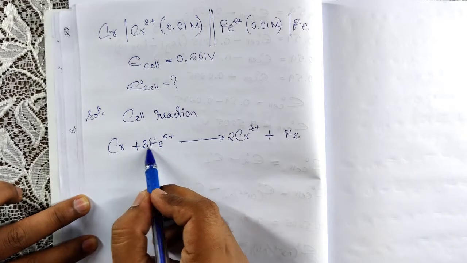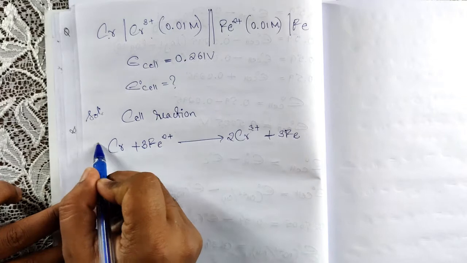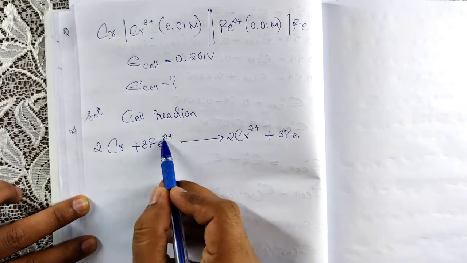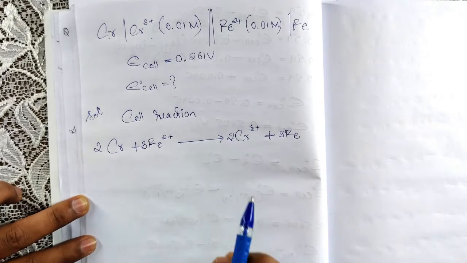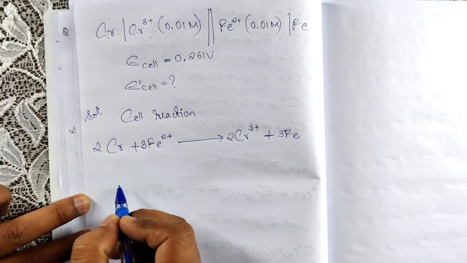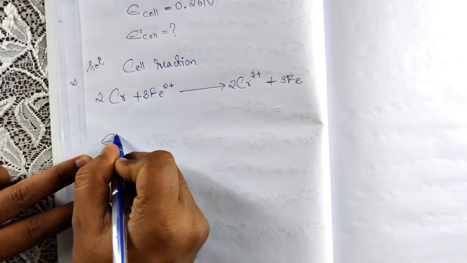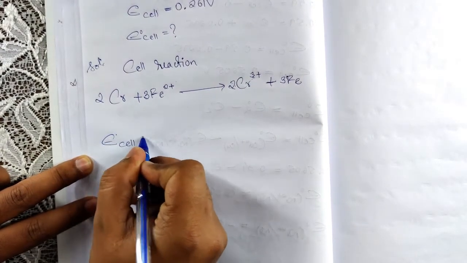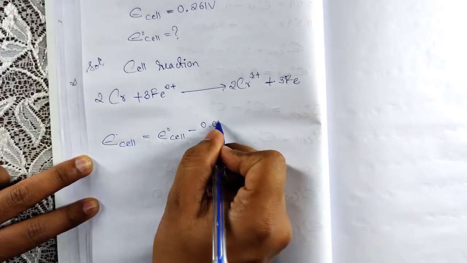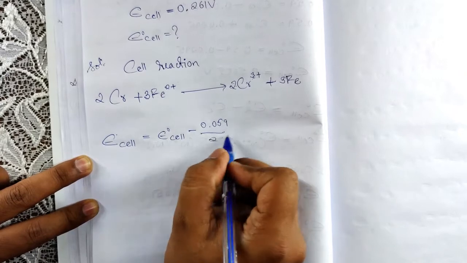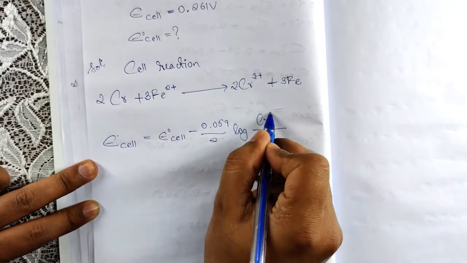Since I put 3 in front of Fe, I'll put here 3. Since I put here 2 in chromium, I'll also put here 2. So now 3, 2 is 6, 3, 2 is 6. So N will be how much? 6. So now using the Nernst equation, I can write E cell is equal to E naught cell minus 0.059 by 2 log product by reactant Cr3 plus.